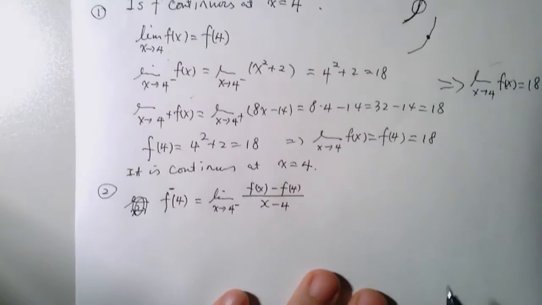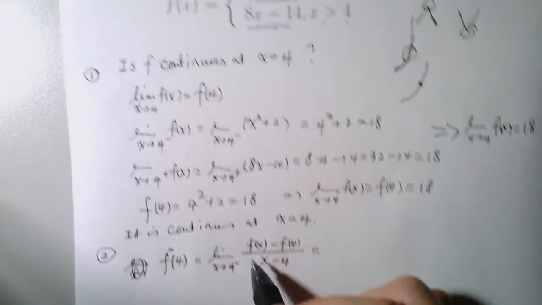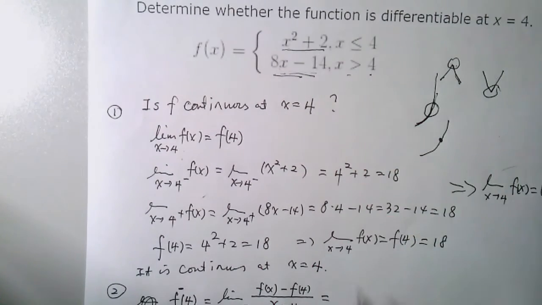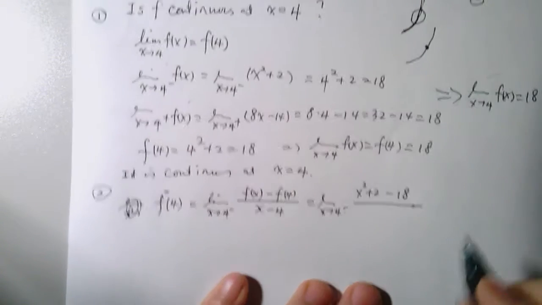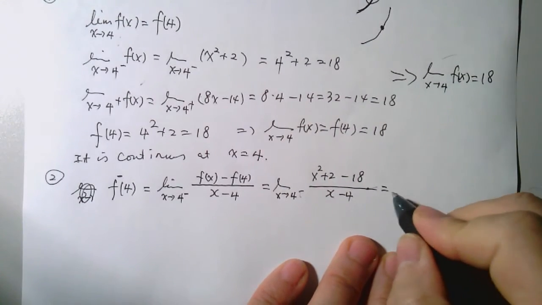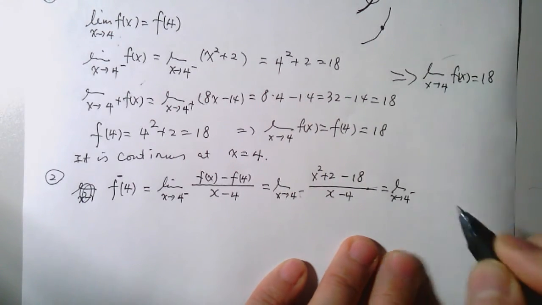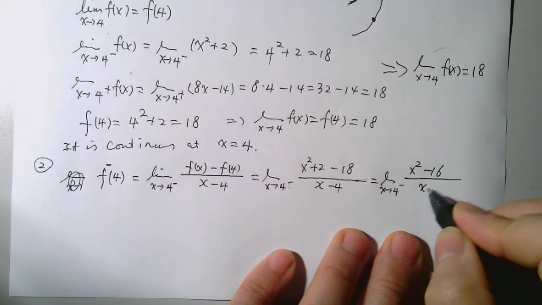When x is from the left, you use x squared plus 2 minus f of 4, which we already know is 18, divided by x minus 4. That gives the limit as x goes to 4 from the left of x squared minus 16 divided by x minus 4.